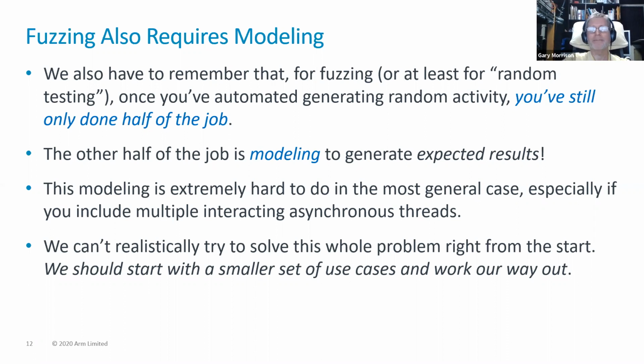You've really only done half the job, because if you don't model what you expect the results to be, then you don't know whether it behaved correctly or not. So part of what the TF Fuzz tool here is designed to do is to predict expected results and check them appropriately.